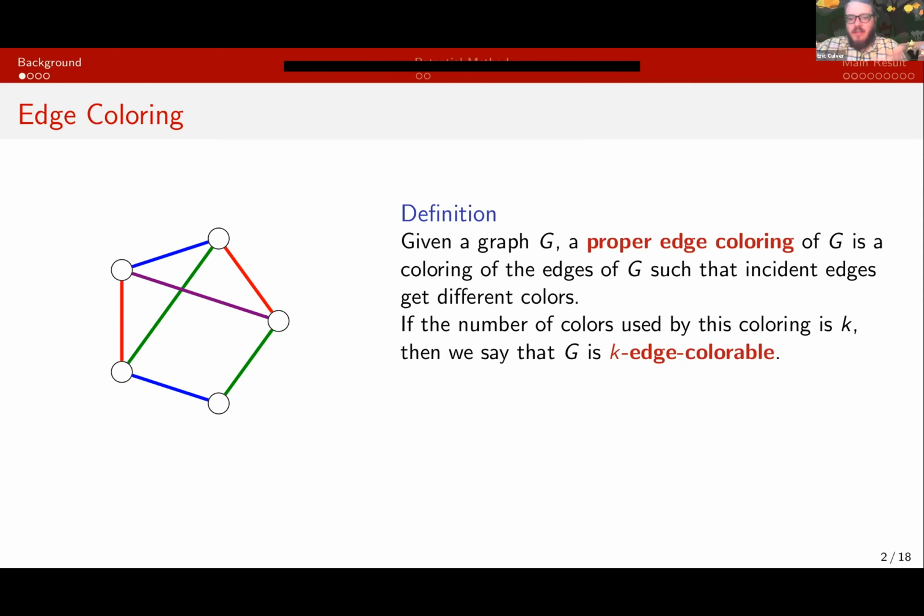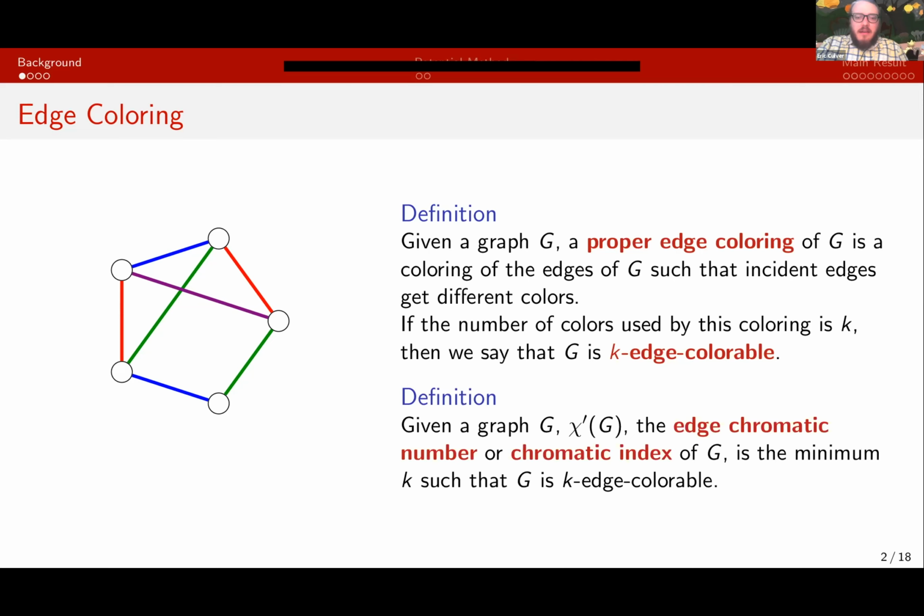If I used 5, I'd say 5 edge colorable. And then the edge chromatic number of a graph is the minimum k such that the graph is k edge colorable. So for this particular graph, its edge chromatic number is 4.